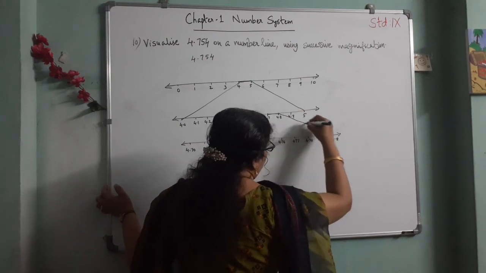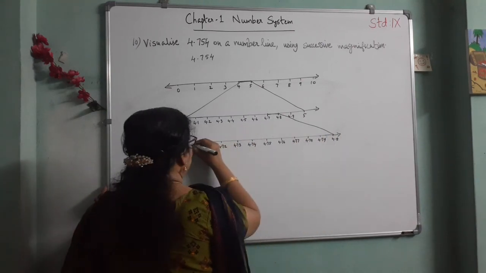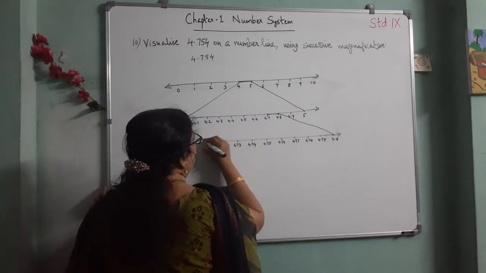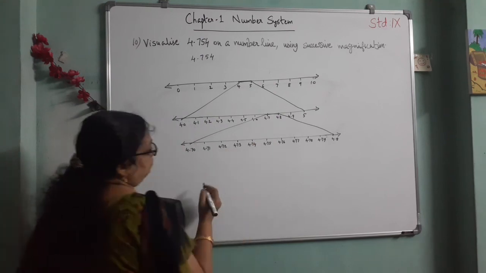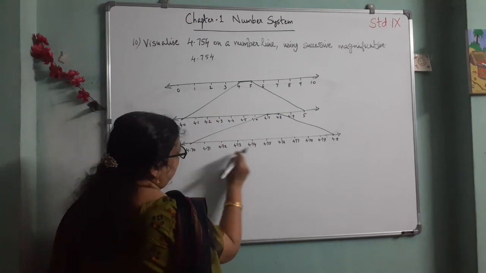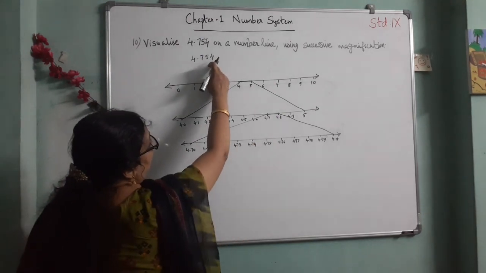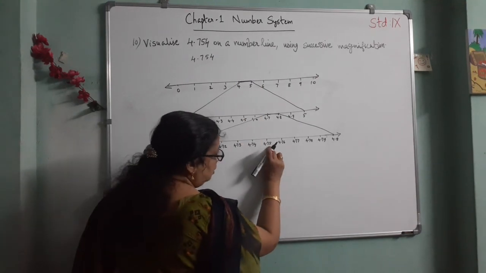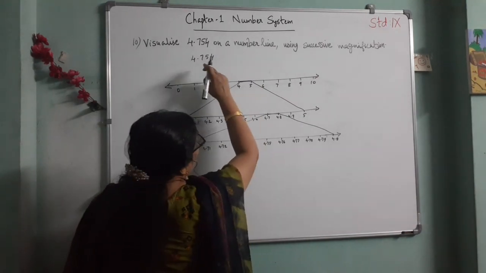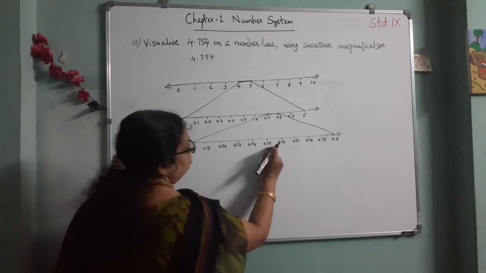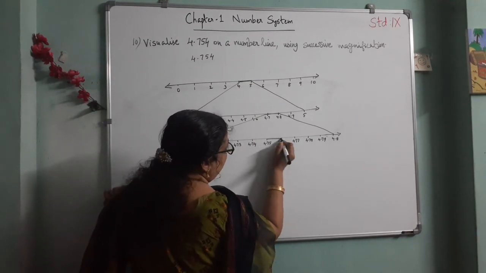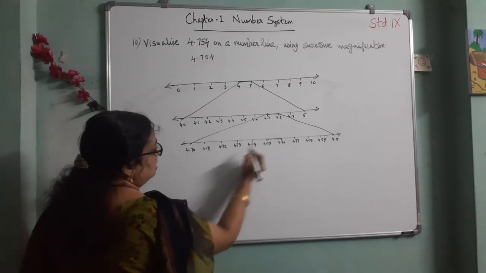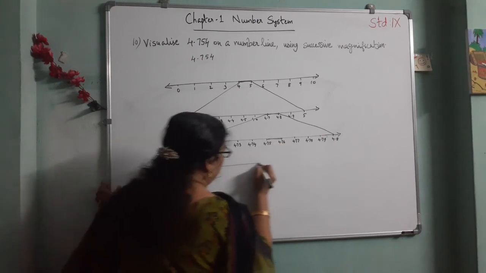In this, here you join 4.70 in this way. So now after decimal 2 places, 4.75, then 4.754, that is between 4.75 and 4.76. This line we magnify again.